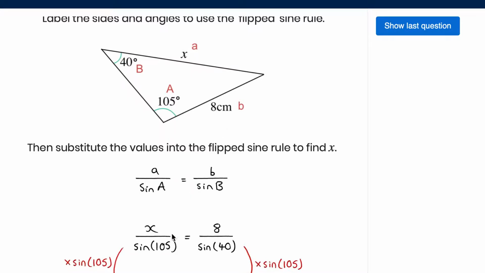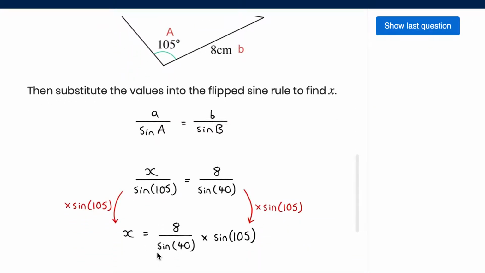Now, x over sine 105 is the same as x divided by sine 105, and sine 105 is just a number, so we can multiply both sides by sine 105 to get x equals 8 over sine 40 times sine 105. And this can be entered directly into a calculator.